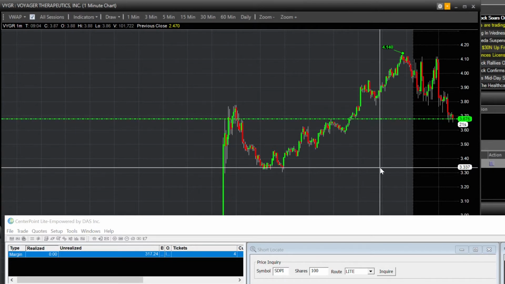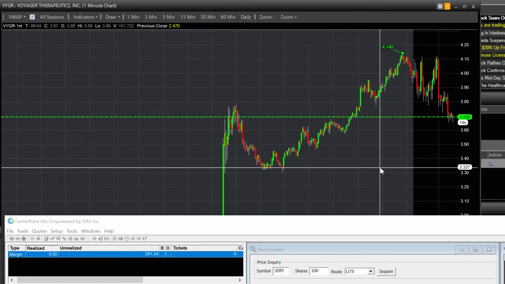Because in a low float, meaning low supply, whenever you have a big bid or ask, you kind of know that, okay, this is the buyer or seller, and the stock can reverse from there.